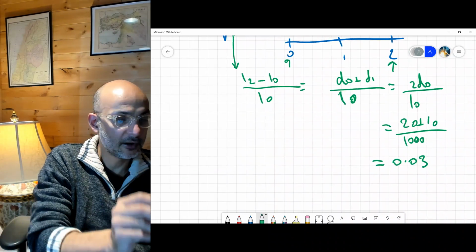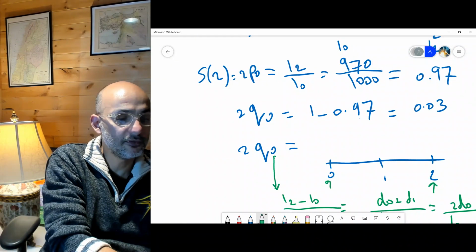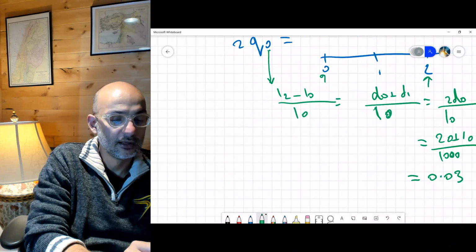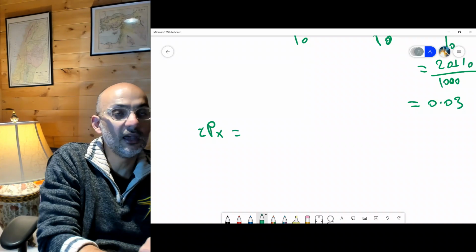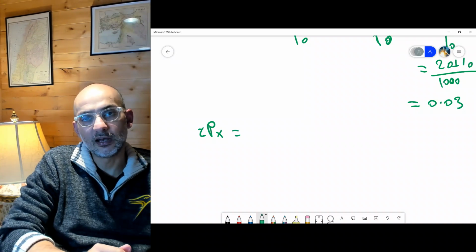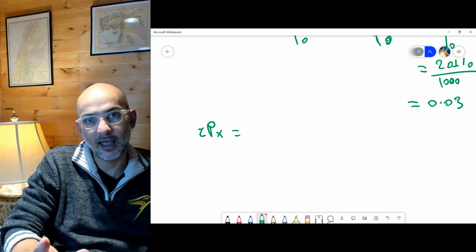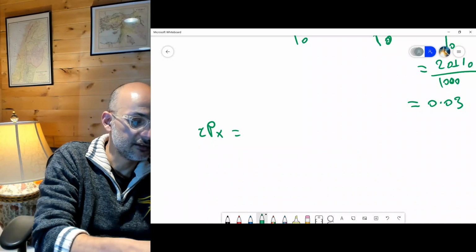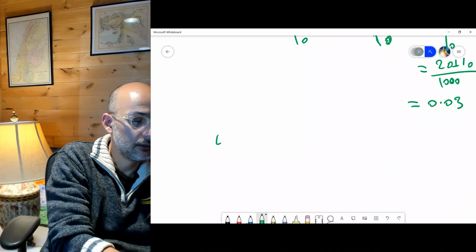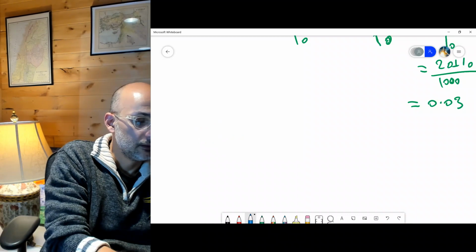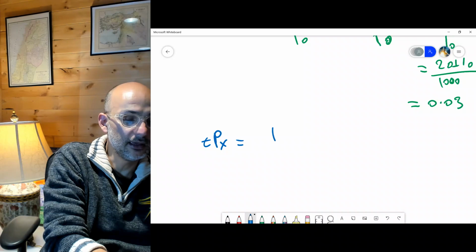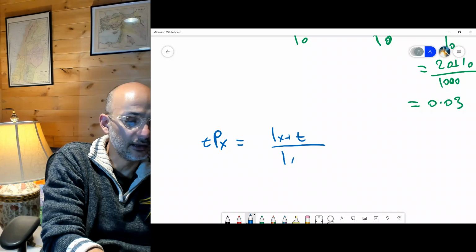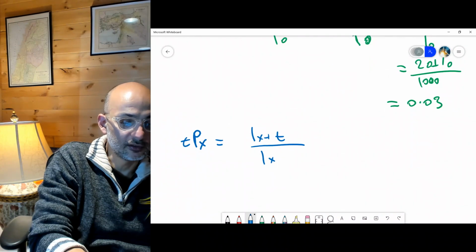But let's generalize this relationship. Instead of S of x, let's say we want tpx. Remember, tpx is the remaining lifetime. It's not at time 0, it's at any different age. If you generalize it, not at age 0, it will be L(x+t) divided by Lx. Let me visualize it.